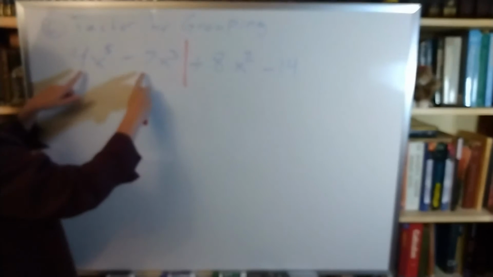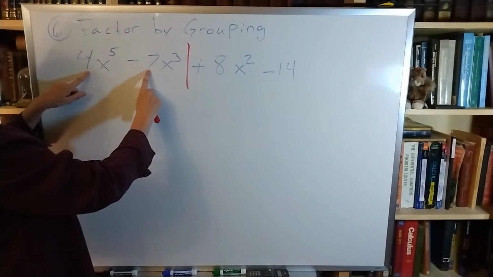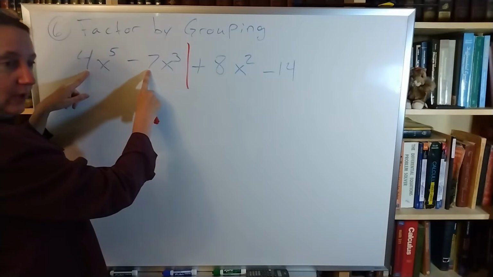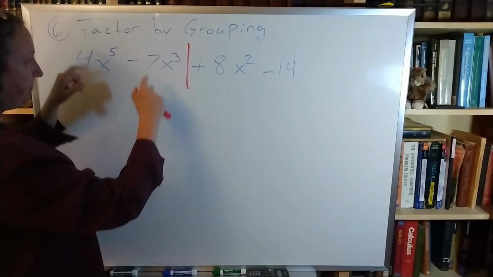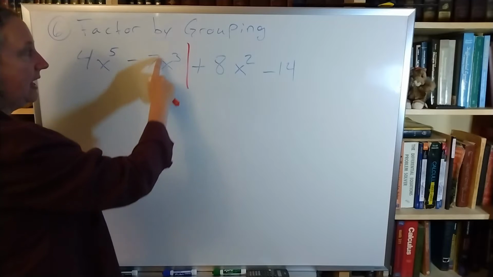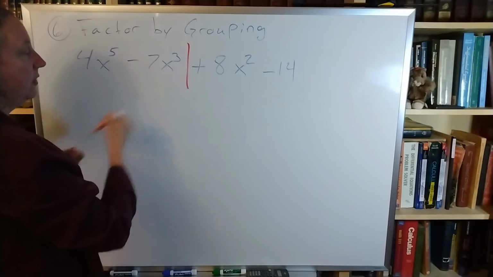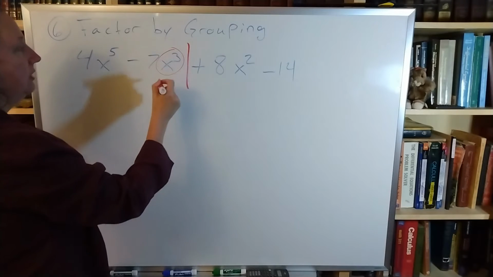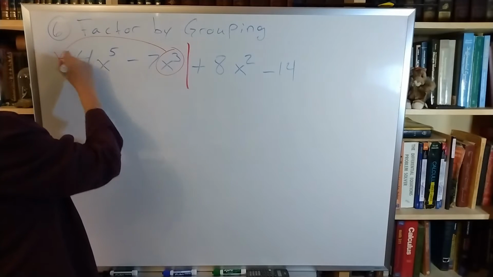So as I look at this, I see a 4 and a 7. They have nothing in common, so I can't factor anything out from them. I look at the x's, and I see that I can get an x to the third out of each of those. So I'm going to factor that out.